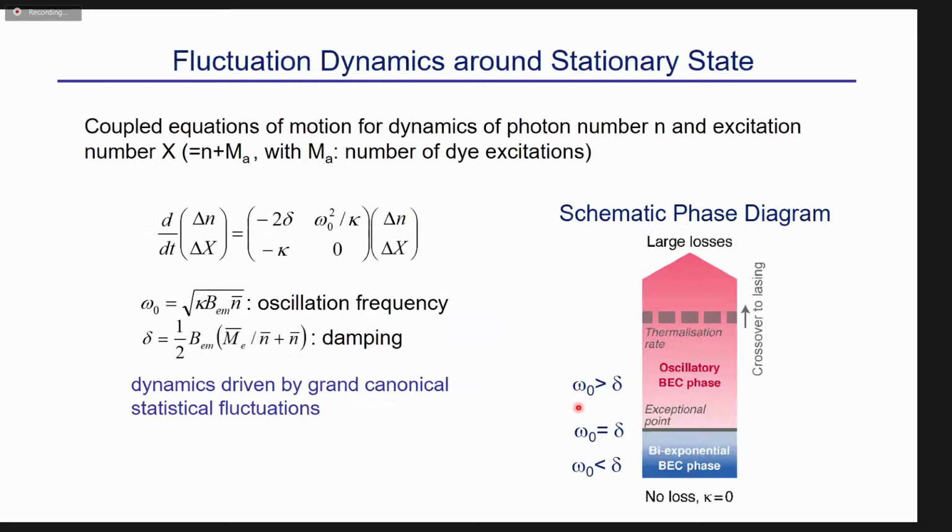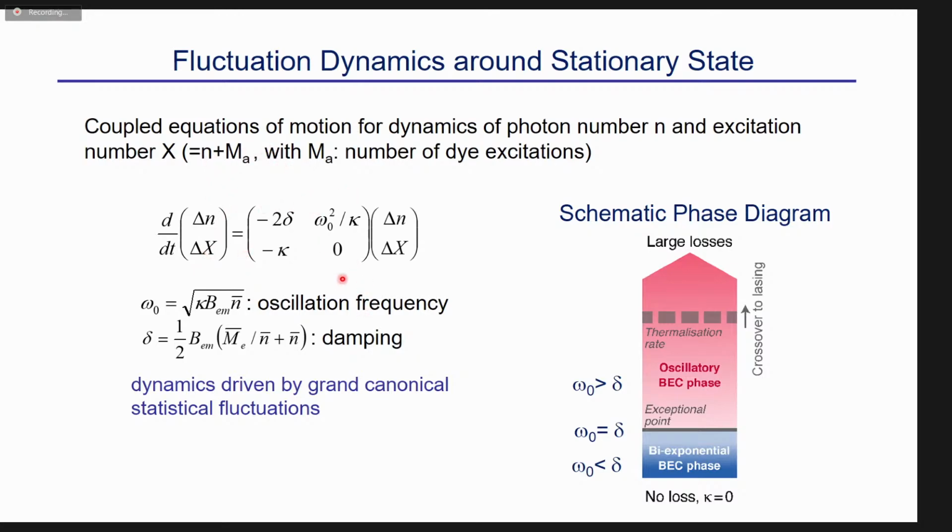And now, in order to look at the origin of these oscillations, we look at the coupled equations of motion for the dynamics around the stationary state. And what you see here, n is the photon number, and x is the excitation number, that is the sum of the photon number and the dielectronic excitations.